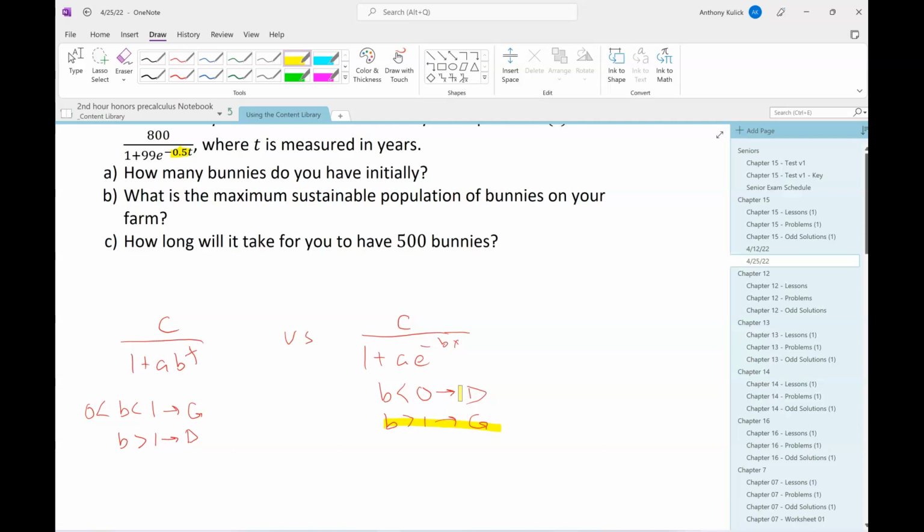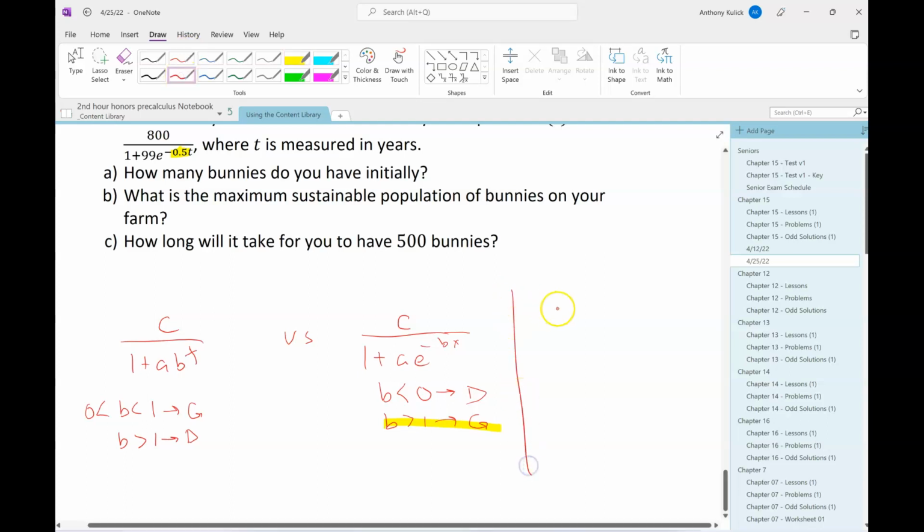Okay, for our specific problem here, it says, how many bunnies do you have initially? What time does initially imply? 0. So all I'm going to do is B of 0.